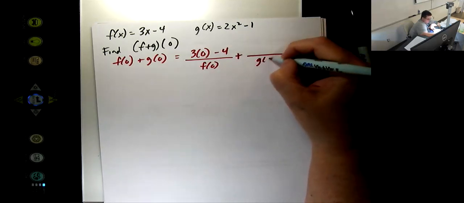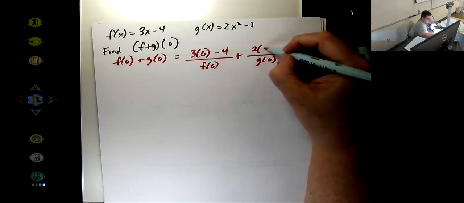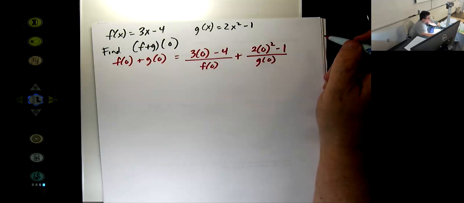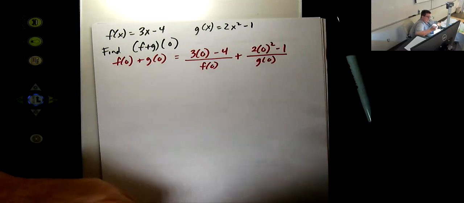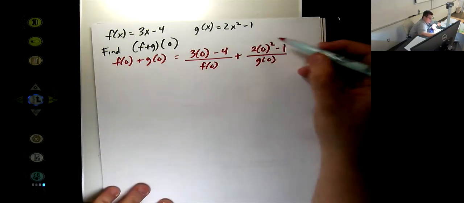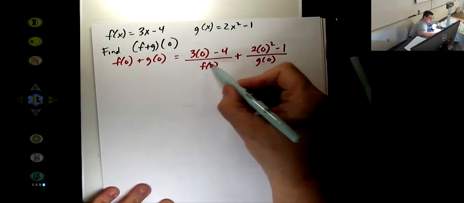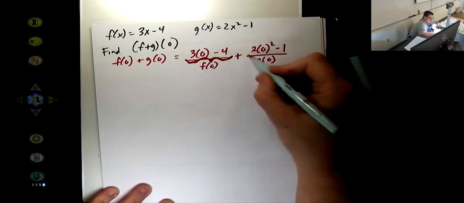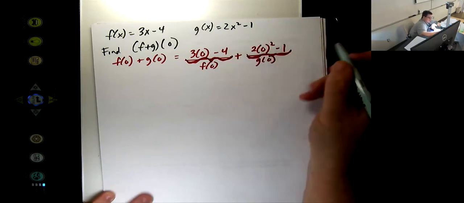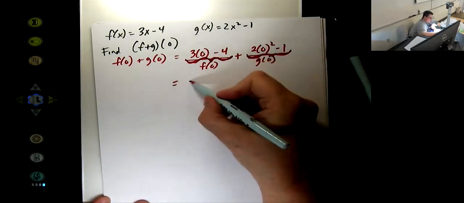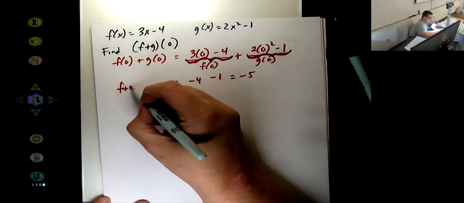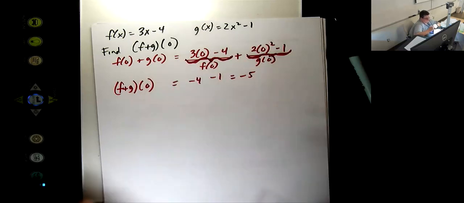I've got g of 0 is 2 times 0 squared minus 1. That looks like division, maybe I should do this. That doesn't look like division anymore. We have -4 minus 1 is -5. f plus g of 0 is -5.